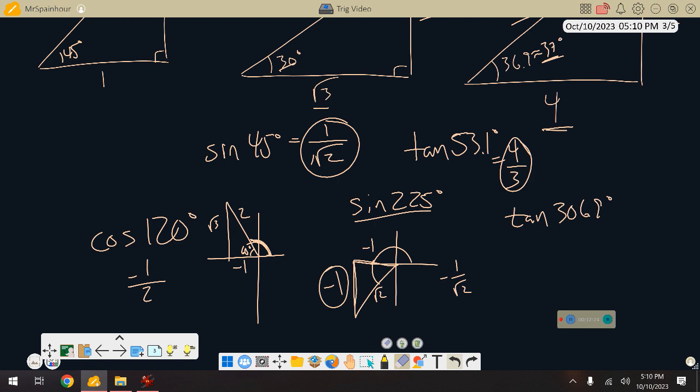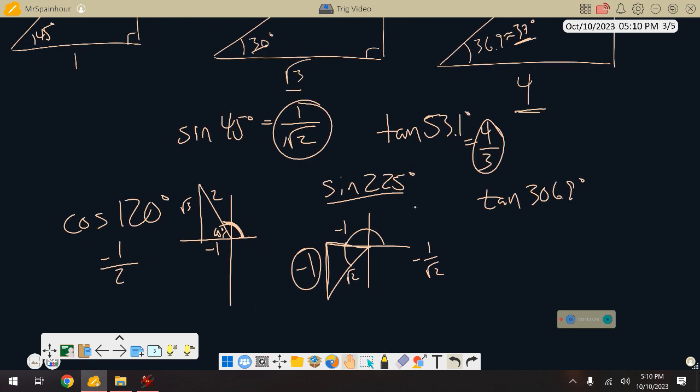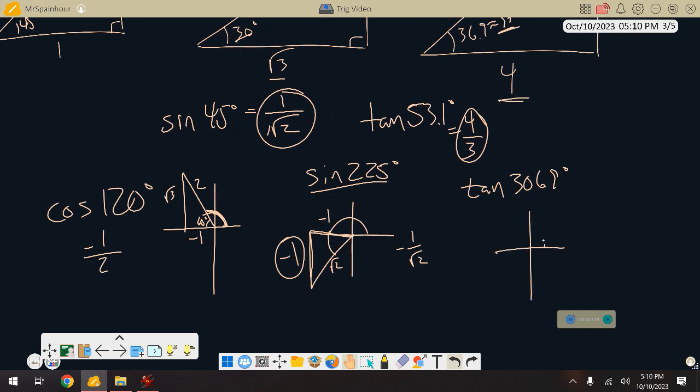Tangent of 306.9. Let's move this real quick. Again, 90, 180, 270. Let's figure out what's left over. What's left over is 36.9. Just going to go here, draw a triangle. If that is 36.9, then that is 53.1, which means that's the large side.